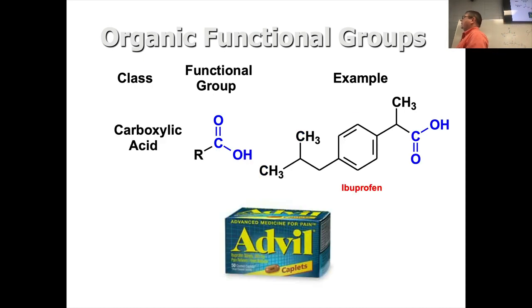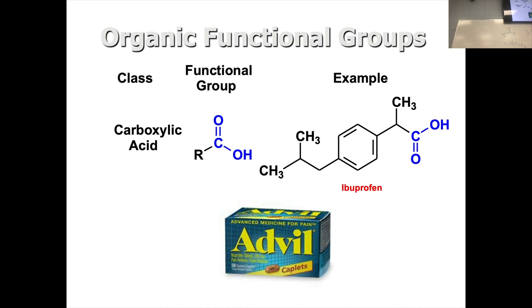We can also have a carbonyl that appears to be attached to an alcohol and a carbon. This is not an alcohol anymore. This whole thing is the functional group, and it is called a carboxylic acid.